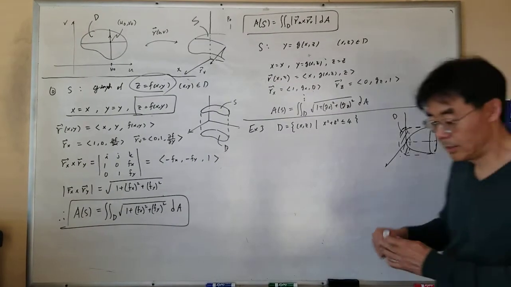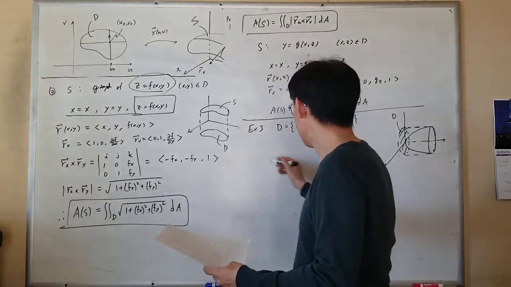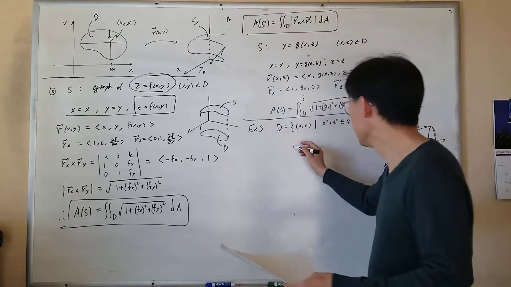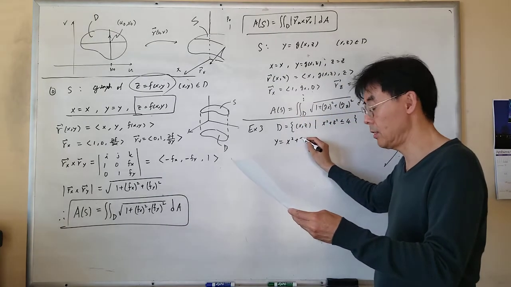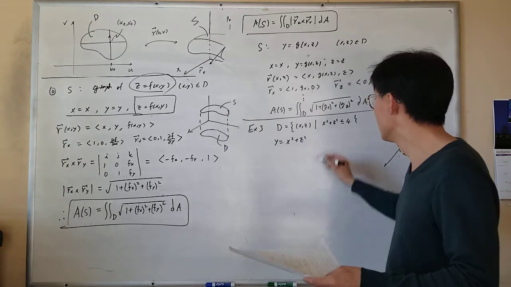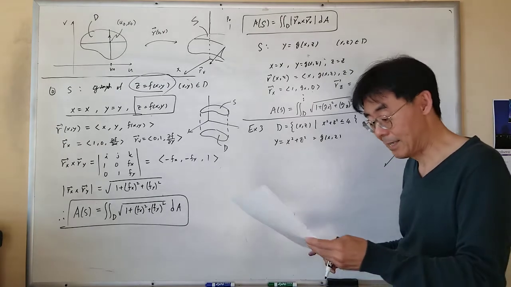And then your y equals x squared plus z squared, right? So this is your g of x, z here.